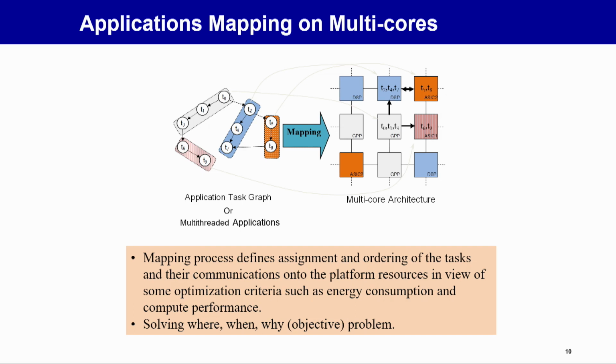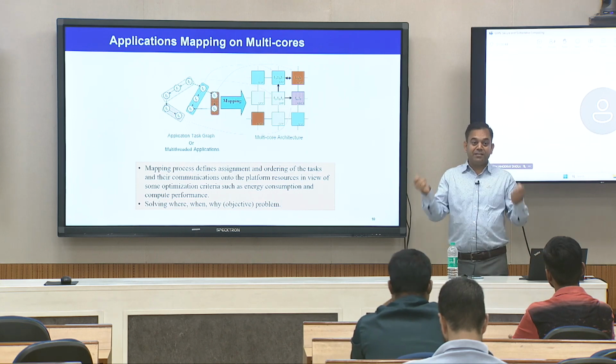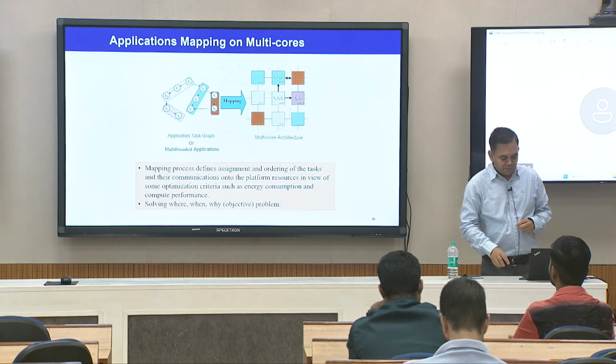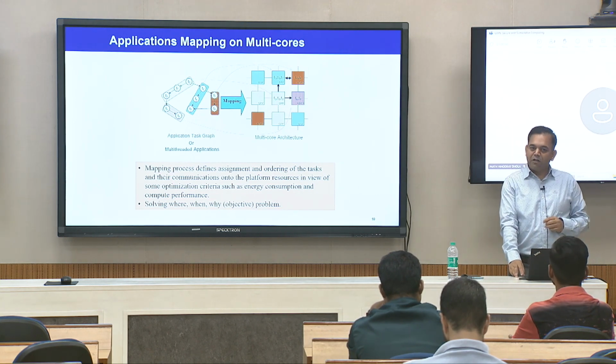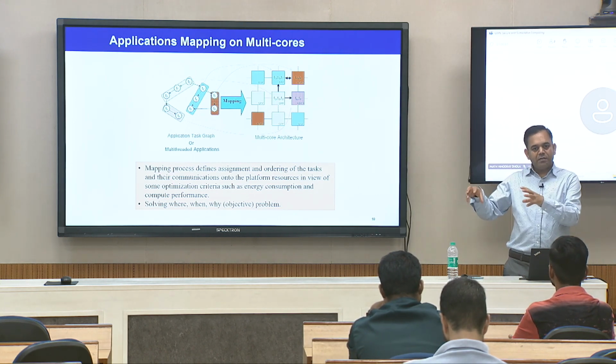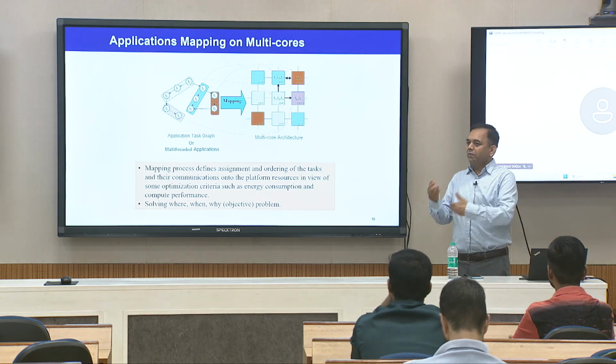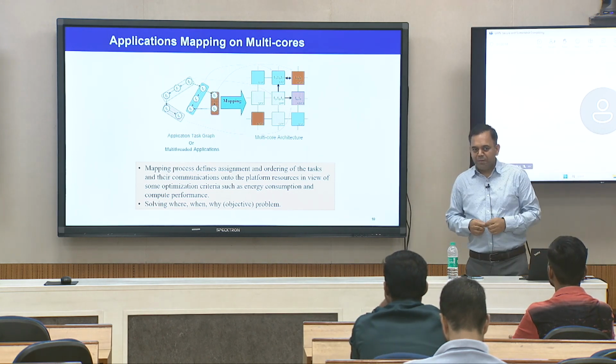There is an ordering defined, most of the time a round robin fashion. Each of the processes is given a few cycles, a few cycles, a few cycles. That's why everything is running together. Similarly ordering has to be defined here, but mapping is part of both: finding the location, and if at one location there is more than one activity, which one will happen first, which one will happen second.